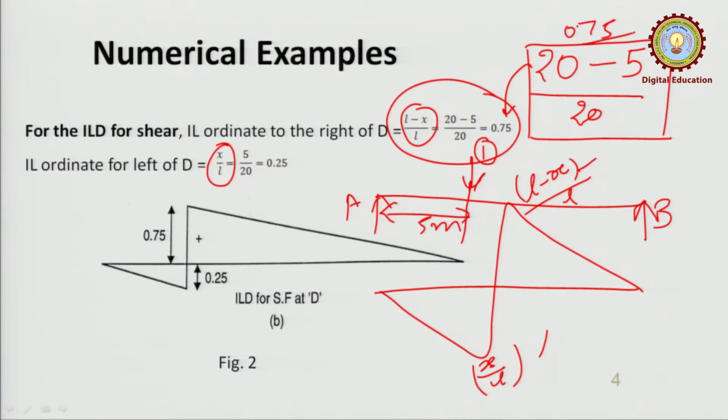Now we have to draw the ordinate for the left of D, this portion. How can we calculate? The ordinate for the left of C is equal to x by L. We know the section x equal to 5 and total length of 20 meter. Now we divide that, it is equal to 0.25.